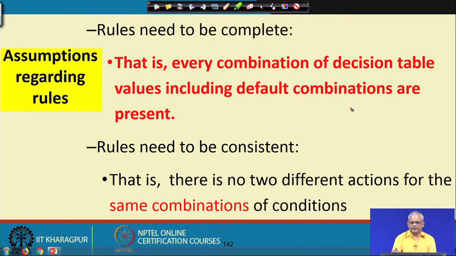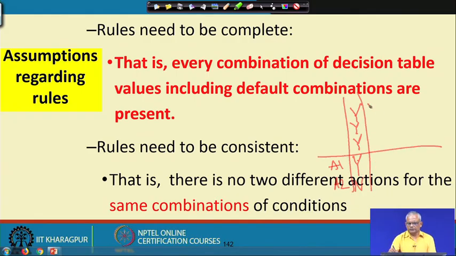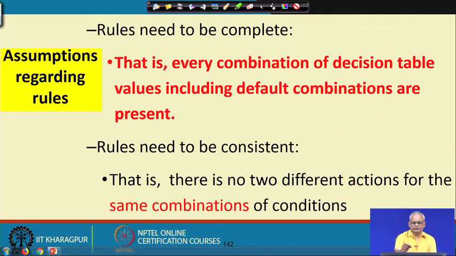If we write, let us say, 3 conditions yes, yes and yes, and we write that action A1 is yes and A2 is no, and for another rule we write the same combination of conditions and the actions are different, it cannot happen because this is inconsistency. We must take care that the table is consistent and all possible combinations of conditions are present, and that will give us our decision table based test cases.